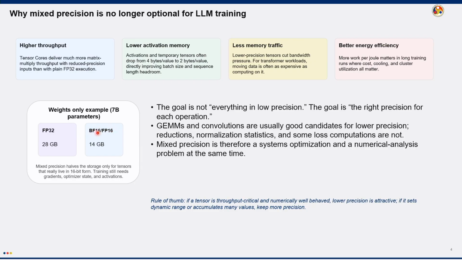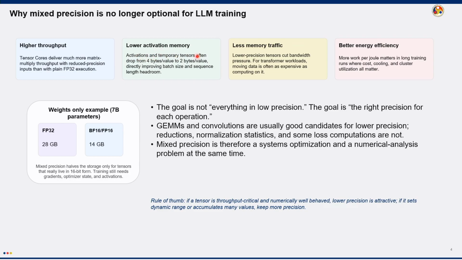However, the data type we choose, either BF16 or FP16, will decide how the performance goes. Obviously tensor cores in the GPUs that we have seen deliver much more matrix multiplication throughput with reduced precision, because we can have large bandwidth for computation, and the activation storage will also take less memory.